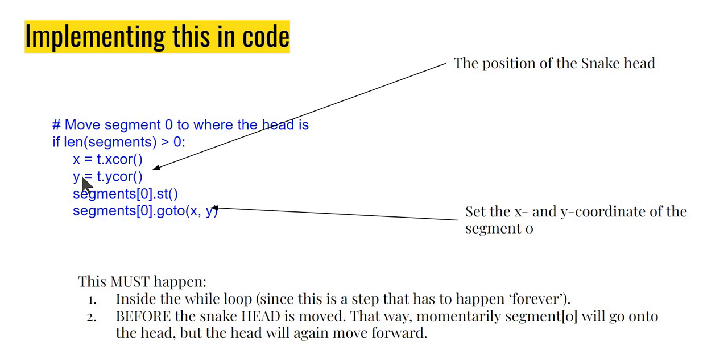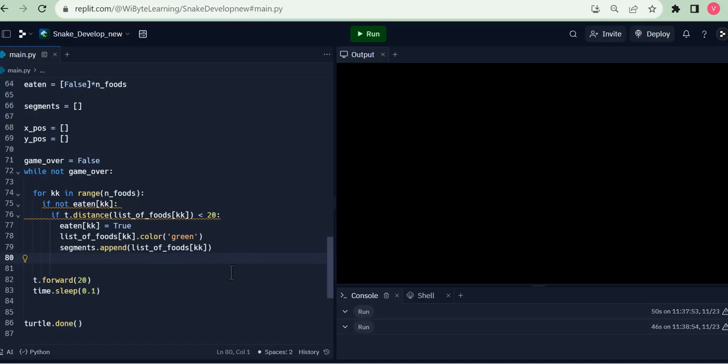Now this is really quite interesting and something that requires thinking. Like I said, there is a momentary overlap being created, but after that the head is moved away, which means that this must happen inside the while loop, all right, but this must happen before the snake head is moved. So that's why this momentary overlap is created. Now let's do this in code and see this working.